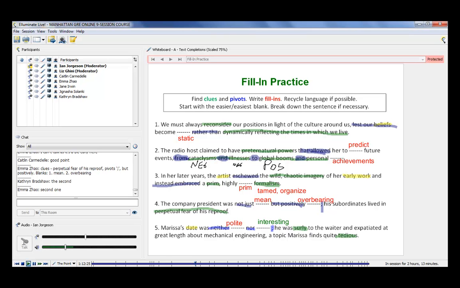Mean and overbearing work great, but maybe I want to think about something even stronger for the second one. But once again, the point of doing these fillers is simply to put us on the right track to do the answers. So well done, guys. You had no problems with these at all. You were able to handle these without any trouble. I'm happy to see that.